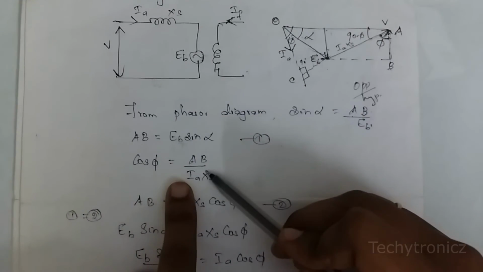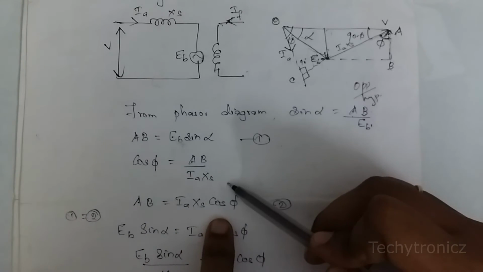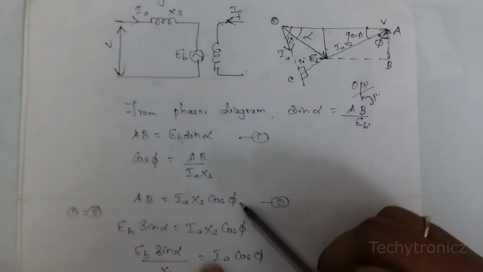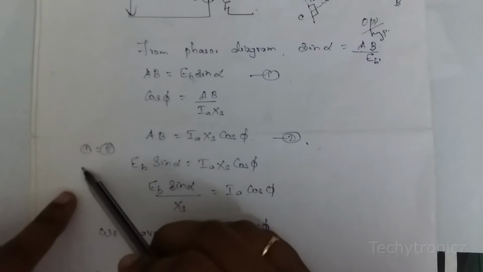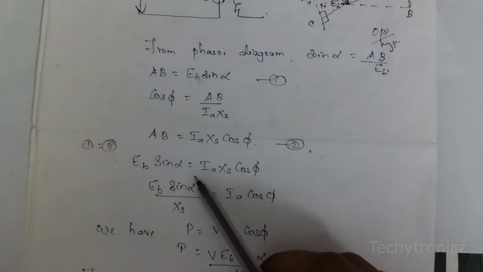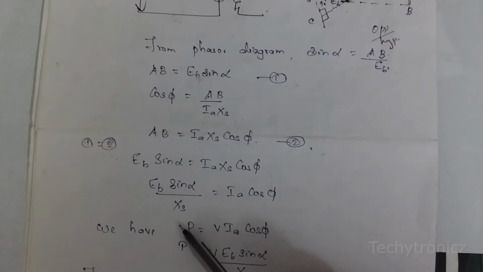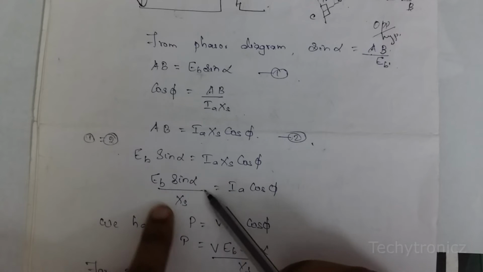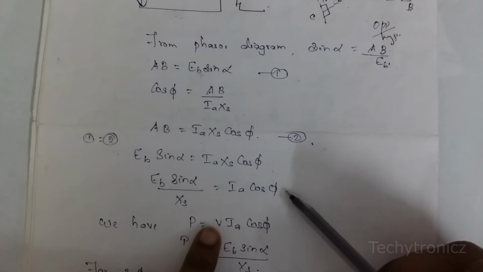Therefore cos phi is equal to AB by IA into XS, so AB is equal to IA XS cos phi. Consider this as equation 2 and equate equations 1 and 2. Therefore EB sin alpha is equal to IA XS cos phi. Bringing XS to the left hand side, EB sin alpha by XS is equal to IA cos phi.